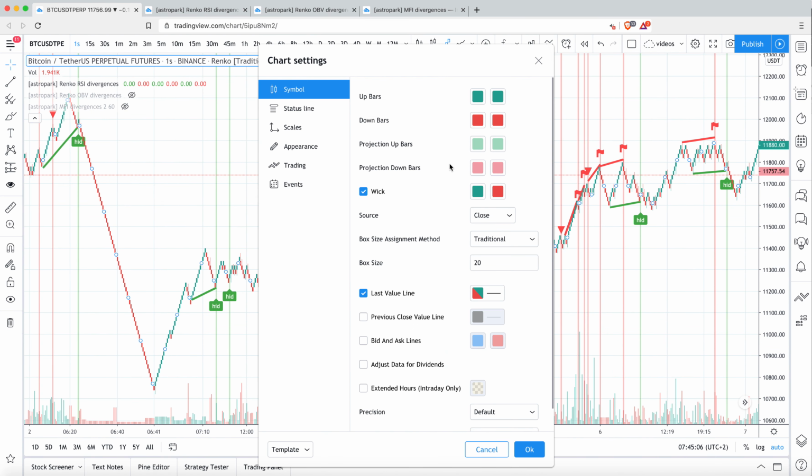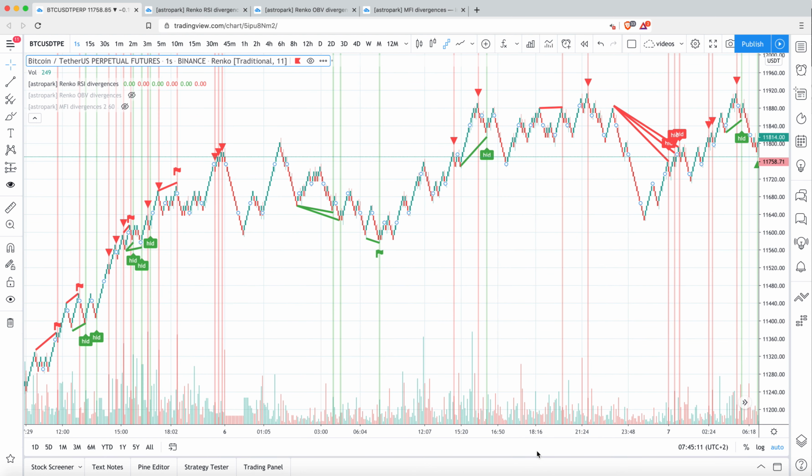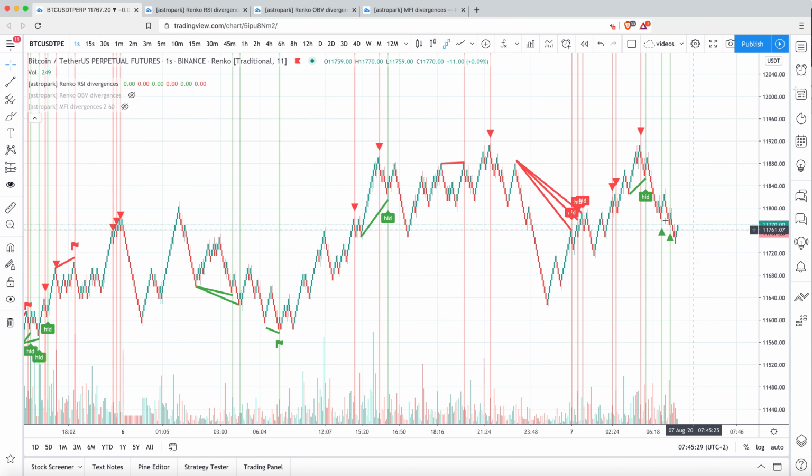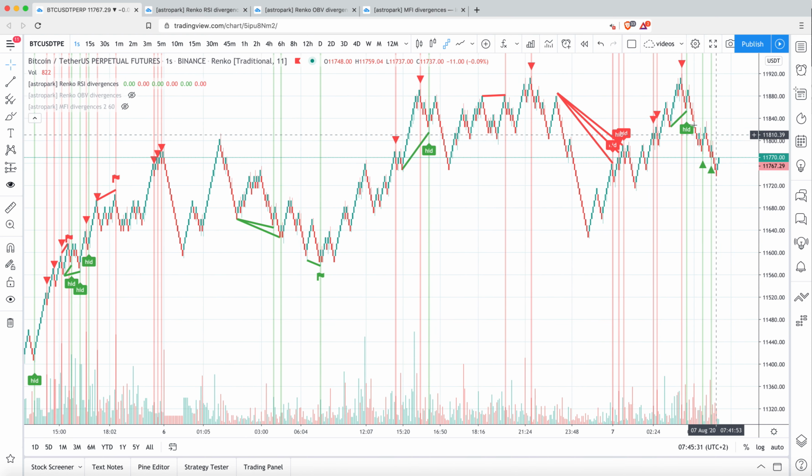The one I use most is the 11, so let's keep with this on Bitcoin. Okay, so for example, you see here the bullish divergences. Here another one. You start to have some bearish. Price went down. Here again, price is now trying to recover, for example.